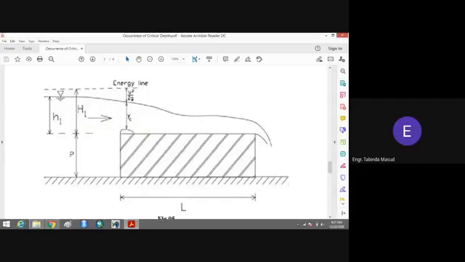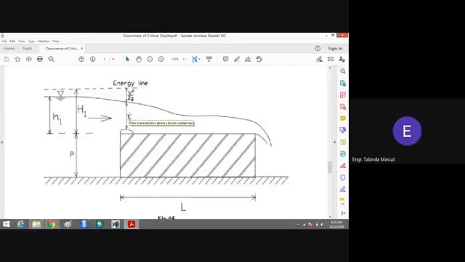And what will happen when water flows from the channel over the weir? The critical depth of the flow will occur here in case of the weir. In case of a weir, we may or may not have the critical depth of the flow. It all depends upon the design of the weir, how you are going to design it. If the hump is designed in such a way as to have the critical depth, then it will give you the critical depth.